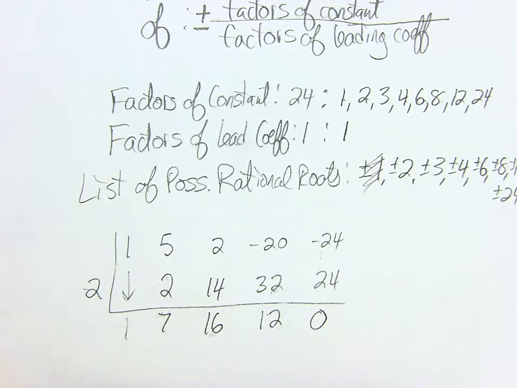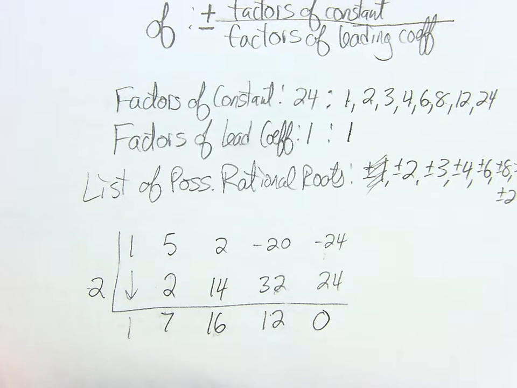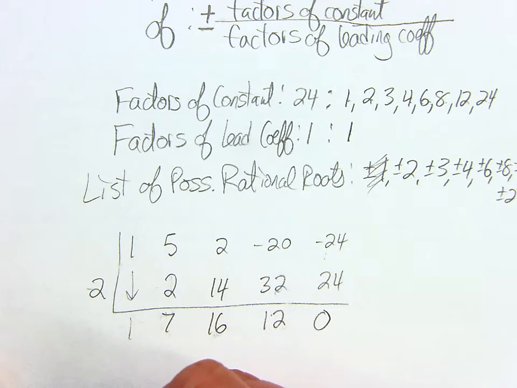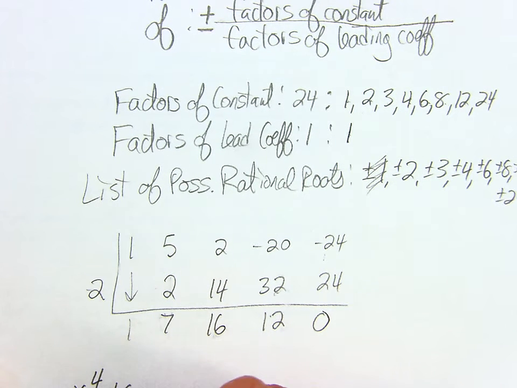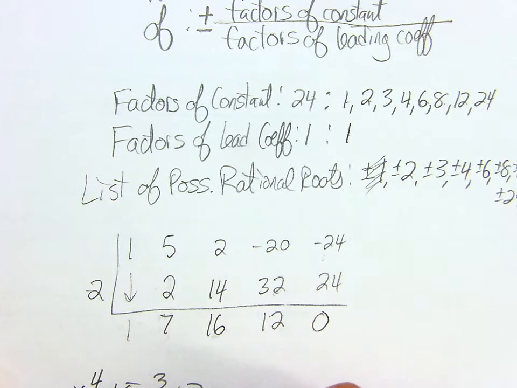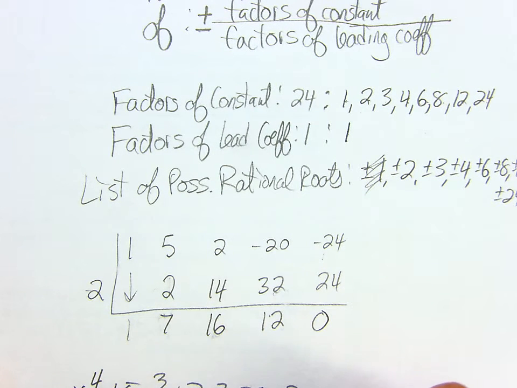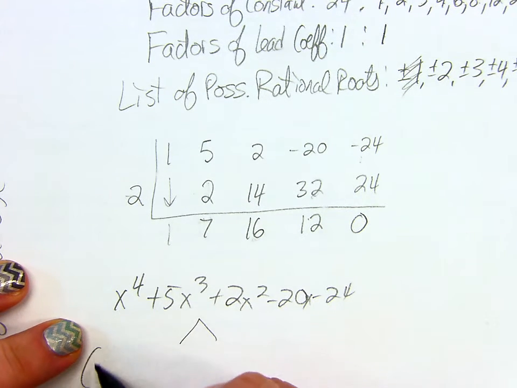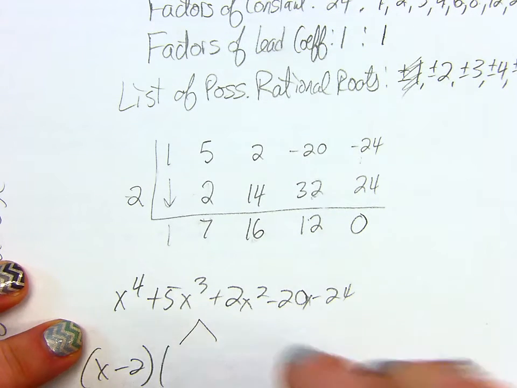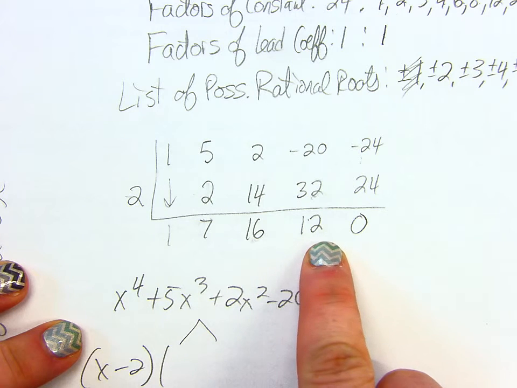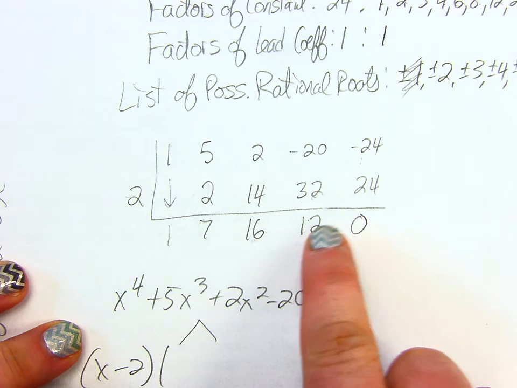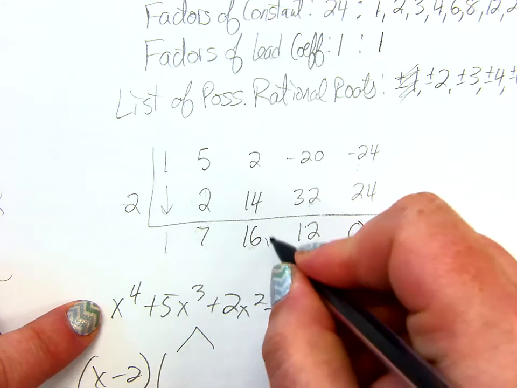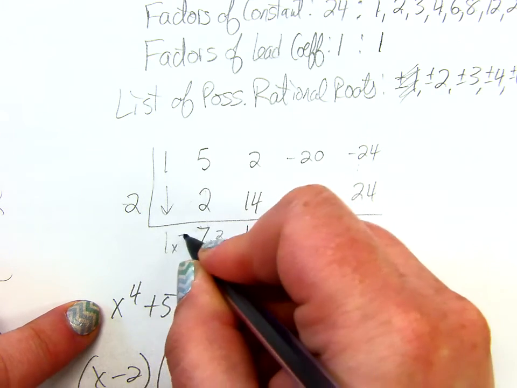Here's my original, x to the fourth plus 5x to the third plus 2x squared minus 20x minus 24. I have split this up into x minus 2, and then remember, these are all the coefficients of what's left over. That's my remainder. That's my constant. X to the first, x squared, x to the third.